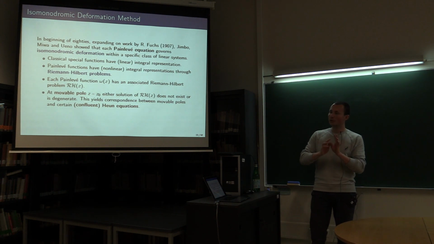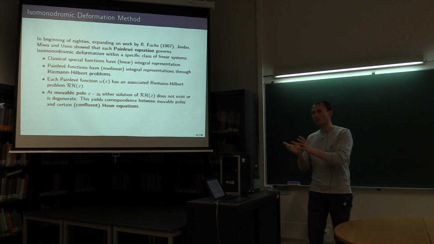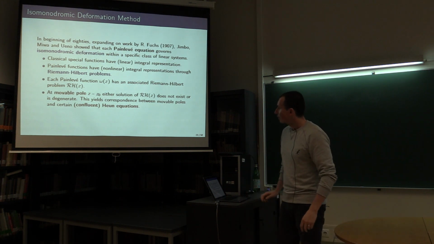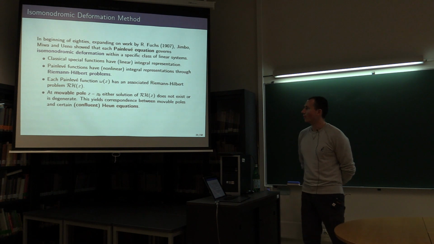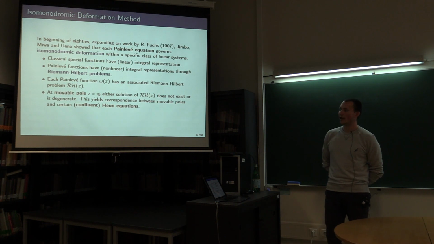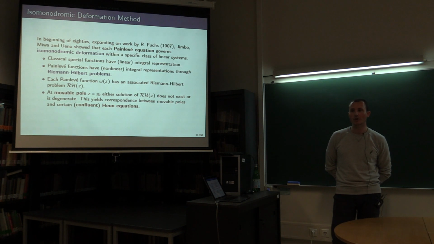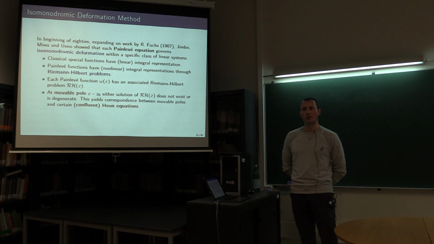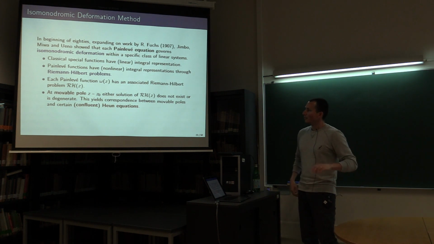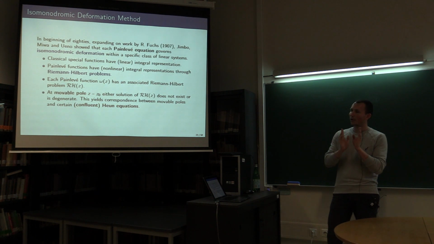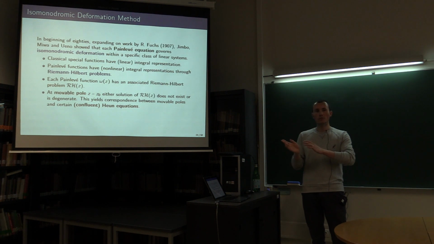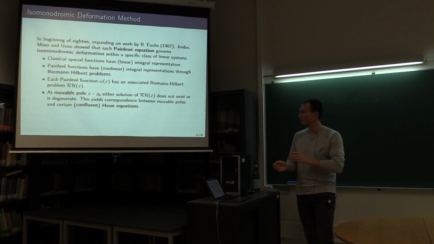And in principle, if you compute the solution of the Riemann-Hilbert problem, then you get the value of the corresponding Painlevé function. At a movable pole of one of these Painlevé functions, either the Riemann-Hilbert problem does not have a solution, or the solution is degenerate; it satisfies a specific condition. And this allows us to map movable poles in a one-to-one way to confluent versions of Heun equations.